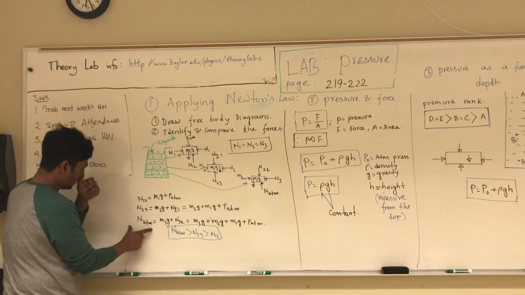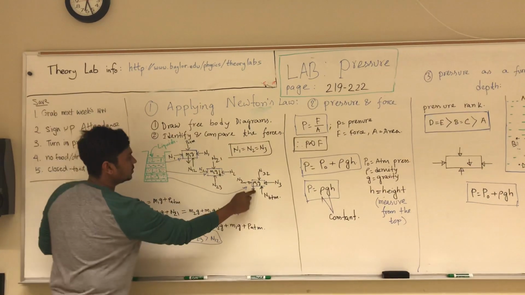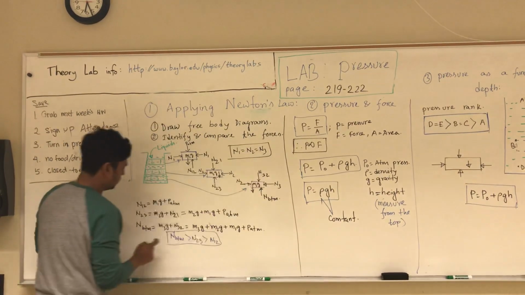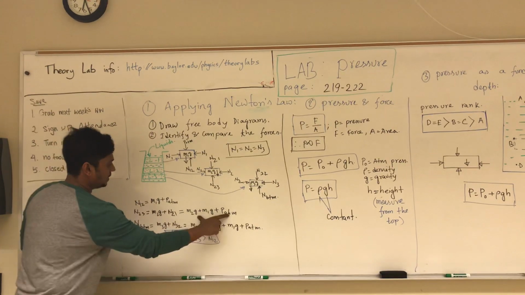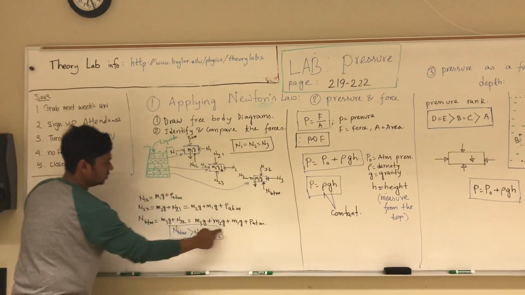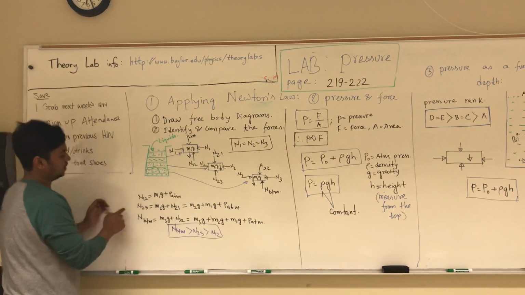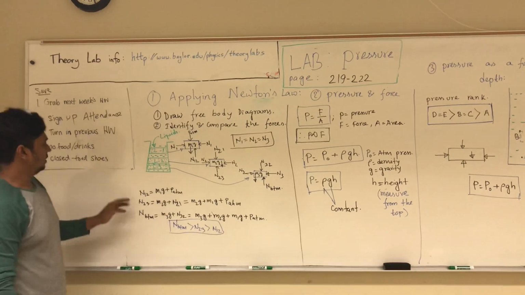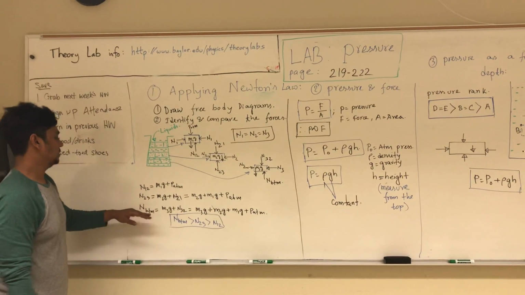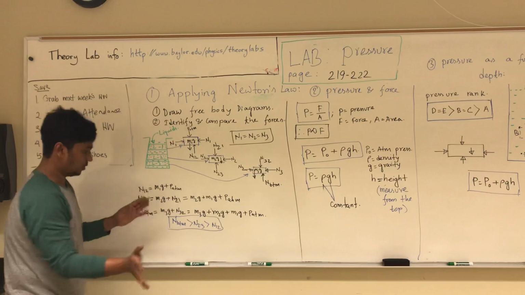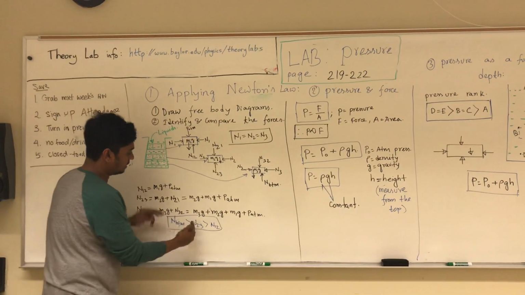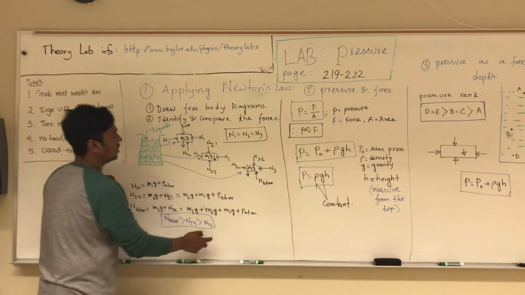Then for the bottom side, N bottom, we can see N3g plus N32. So N32 is this expression. If I do this, so this. According to these three equations, I can see the bottom layer has the most force, not pressure, sorry, force, then the second layer and the third layer.